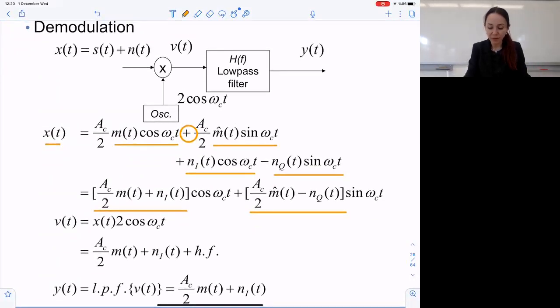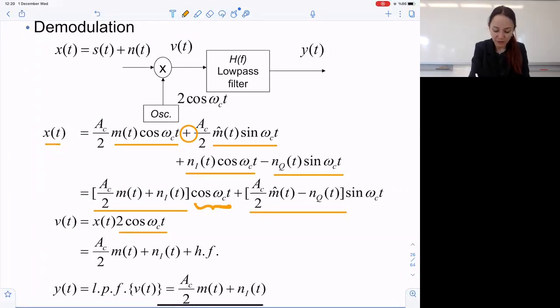Actually, I made a mistake when I talked about the two branches. Of course, we're demodulating SSB, not QAM, so we only need this component. We only need one mixer. Sorry about the earlier confusion.